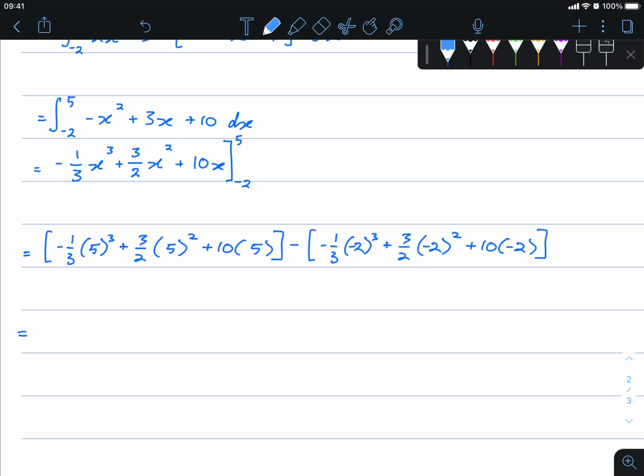So here we go. Negative 1/3 bracket 5 cubed plus 3/2 bracket 5 squared plus 10 times 5. So I'm inputting this side first. I get 275 on 6 minus, and I'm just going to replace 5 with negative 2.